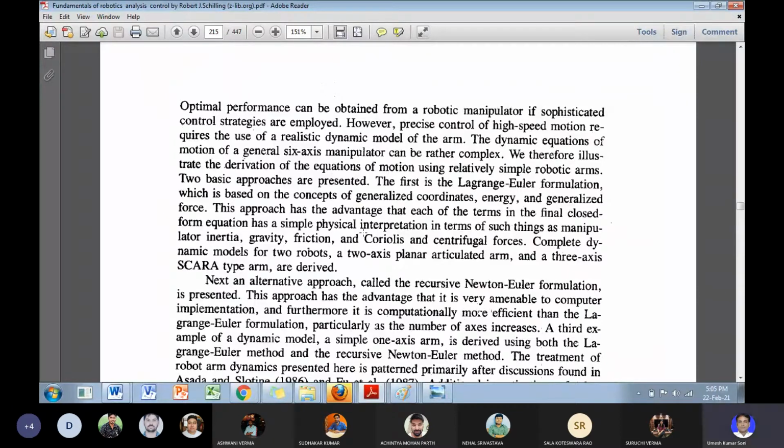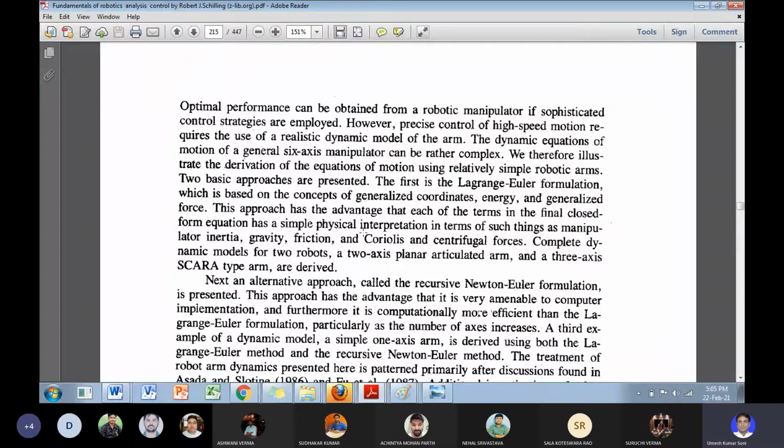Suppose there are n joint variables q, that is q1, q2, q3, up to qn, and that may be revolute and prismatic joints. So theta 1, theta 2, d4, like these variables may be there, and T is the kinetic energy and U is the potential energy.